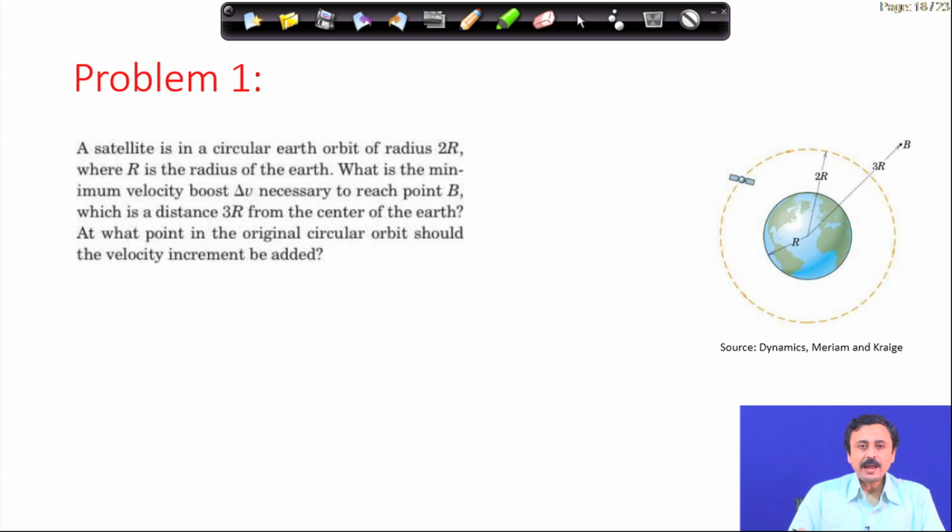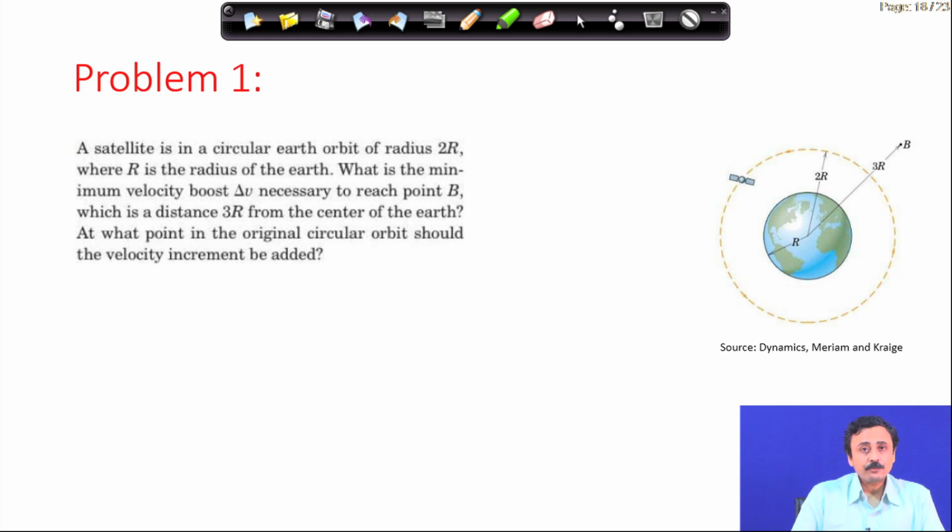When this satellite will reach B as the farthest point. If it reaches beyond B, any point which is farther than B, greater than 3r, then that will definitely require higher energy. Therefore, whatever be the trajectory, B should be the farthest point of the trajectory.